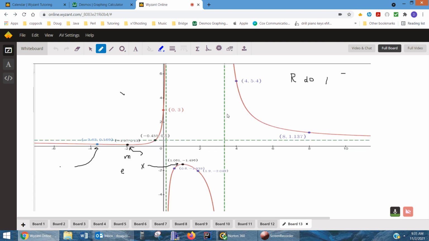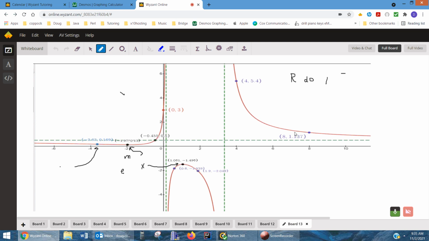All right, so what have we got so far? Here's what the graph looks like. Vertical asymptotes, horizontal asymptote. Oh, we lost some stuff here, so I'll just point this out.